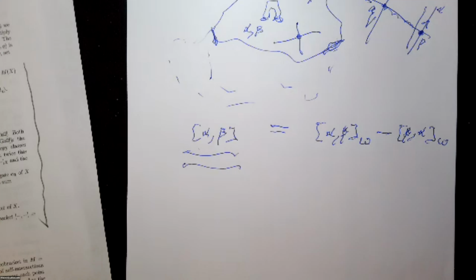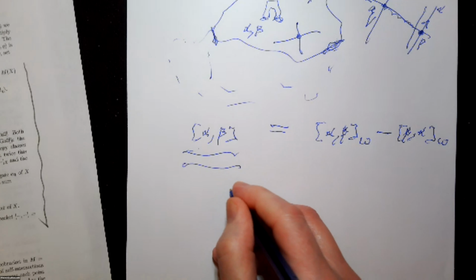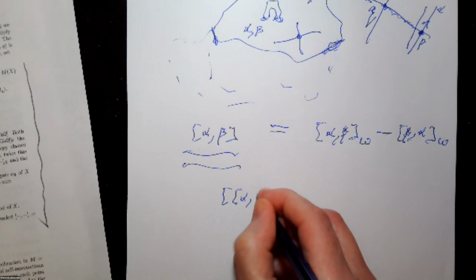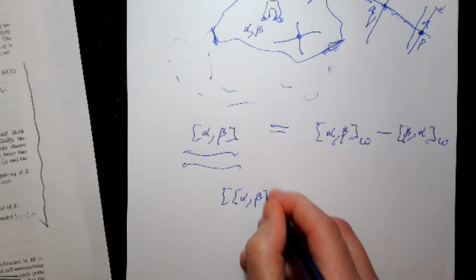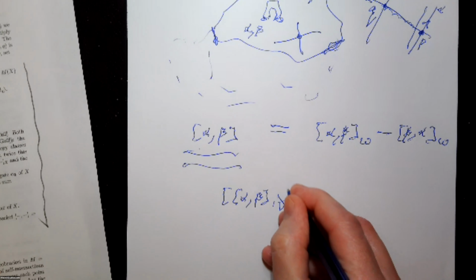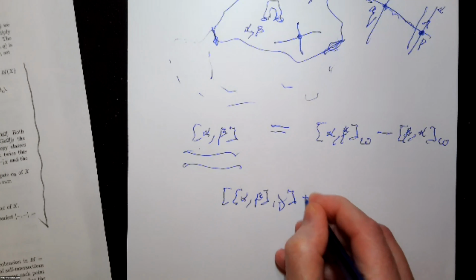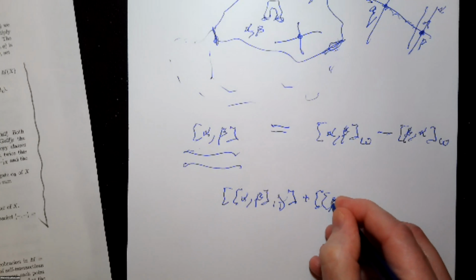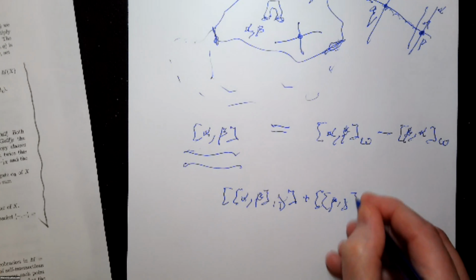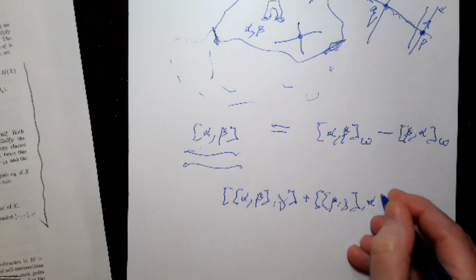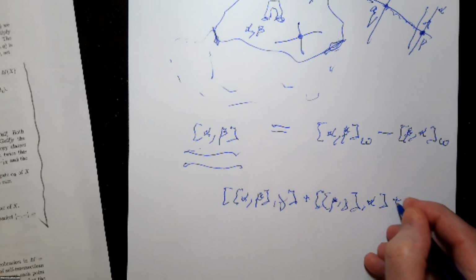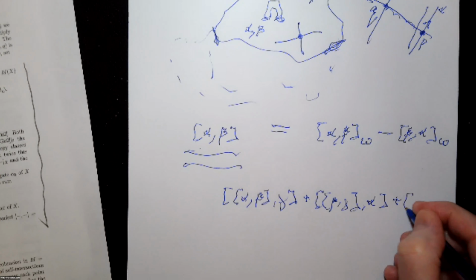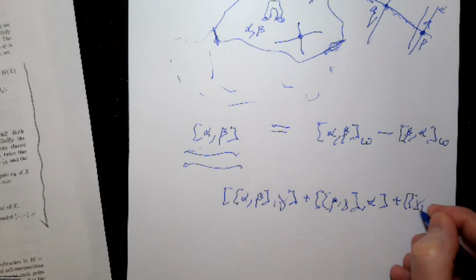The Jacobi identity is replaced by something like this. You take alpha, beta, gamma plus beta, gamma, alpha plus gamma, beta, alpha.